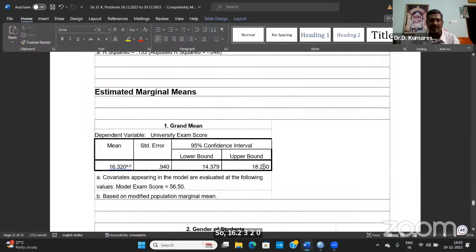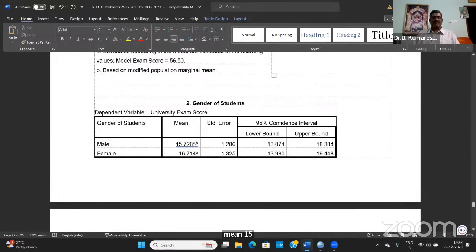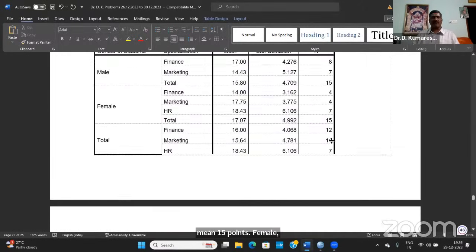Lower bound, upper bound 14.370, 18.260. Here, what is the covariate? Model exam score. Okay. Now come to the gender of students. Male, mean 15.728. Female, 16.714.